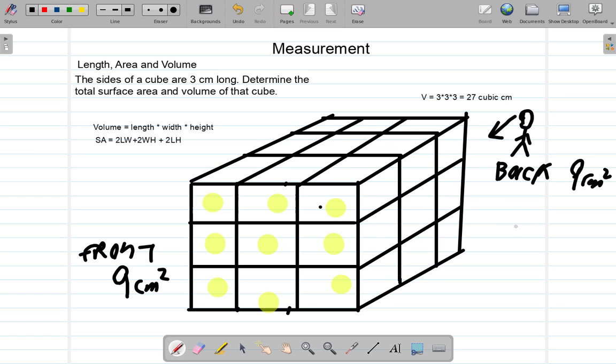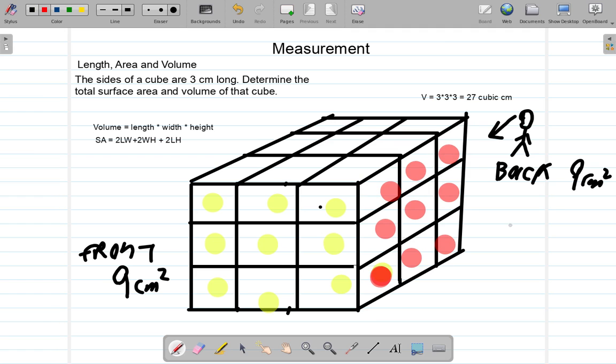Now let us say that you're looking to the right of this cube. What would you see? That's 1, 2, 3, 4, 5, 6, 7, 8, 9.